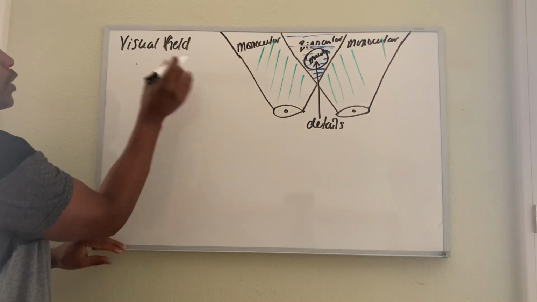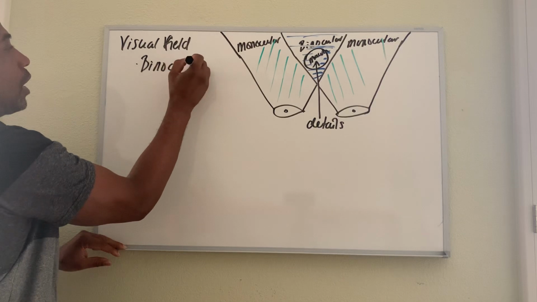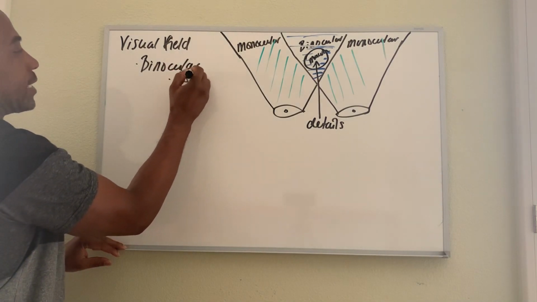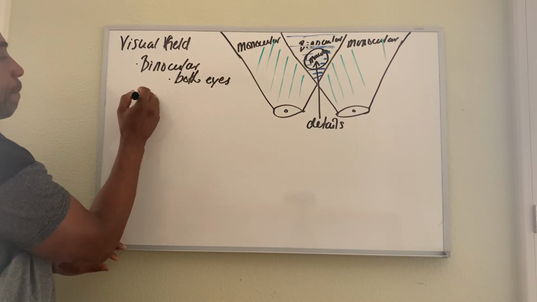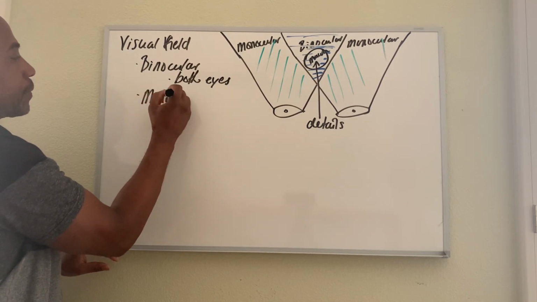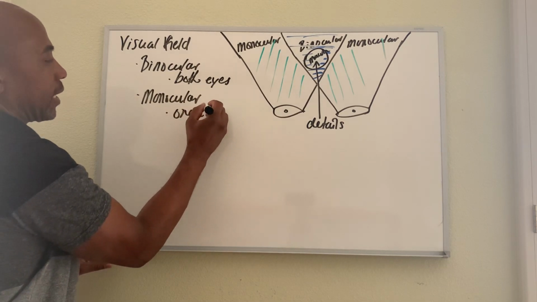So please be aware of these three fields. Binocular field, shared by both eyes. Your monocular, one eye only.